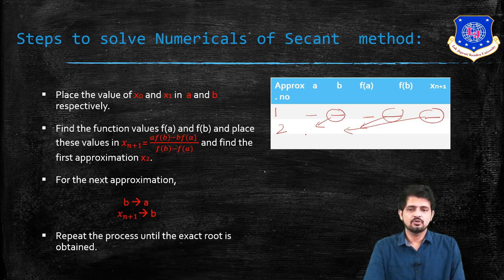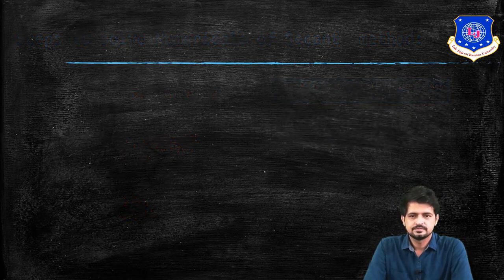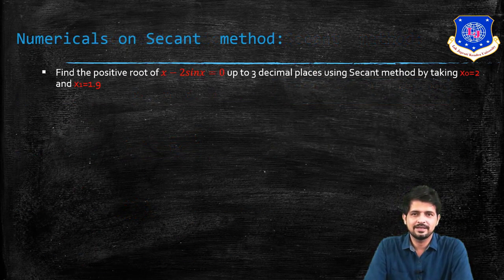Up to which step you have to follow? You have to repeat the process until the exact root alpha is obtained. Okay. So you have to remember these steps to solve the numerical, right? So let's solve a numerical on the basis of secant method. See what is given.